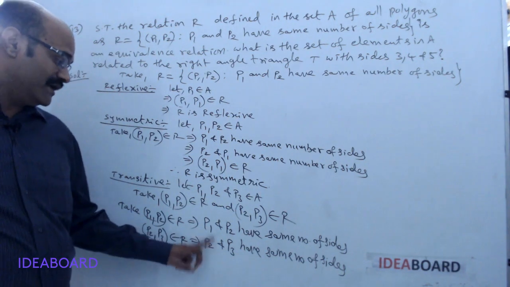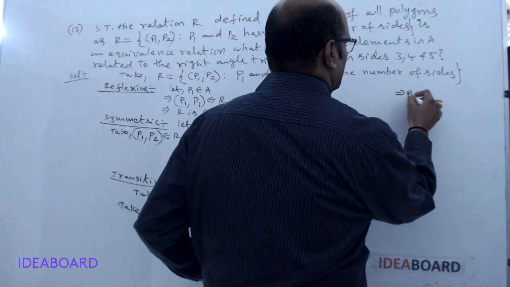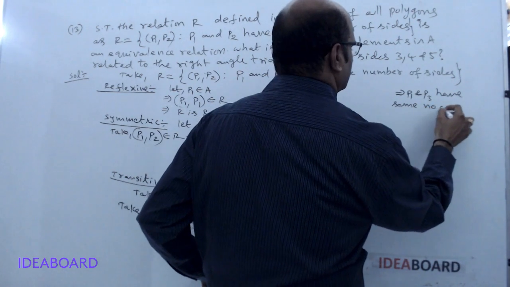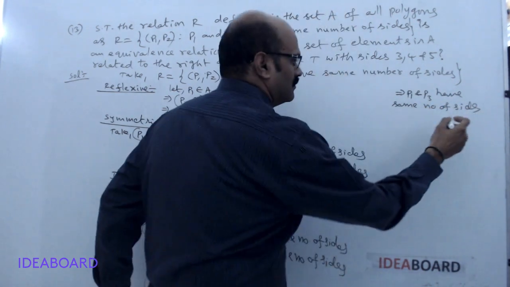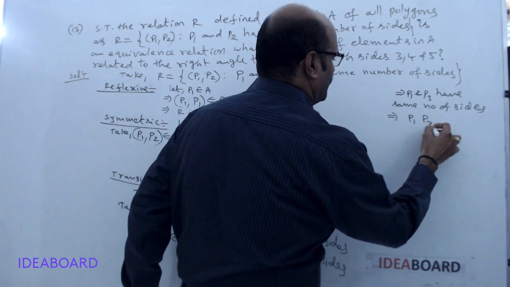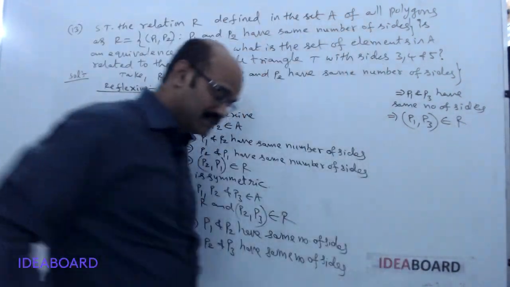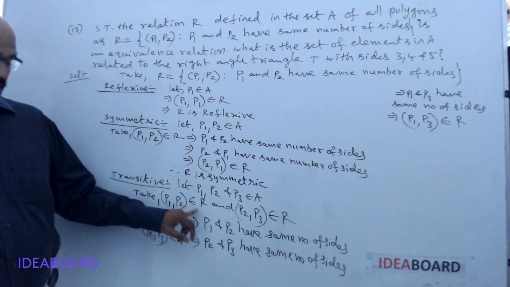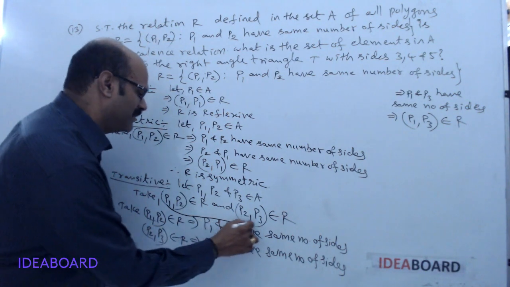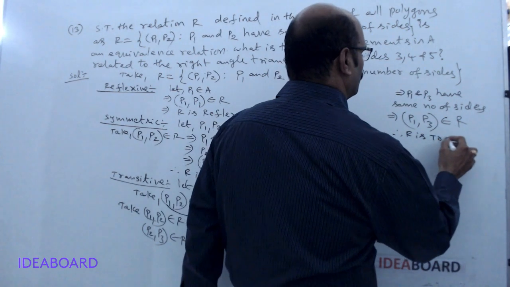From these two, we say that P1 and P3 have same number of sides. It implies P1 comma P3 belongs to R. Since P1 comma P2 belongs to R and P2 comma P3 belongs to R, we are getting P1 comma P3 belongs to R. Therefore, we say that R is transitive.